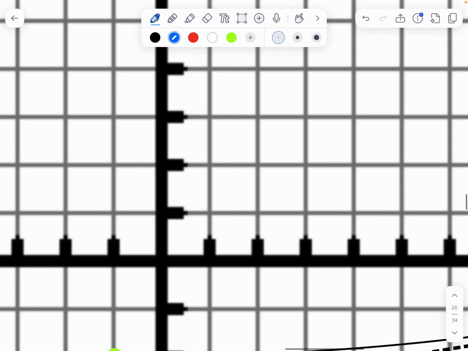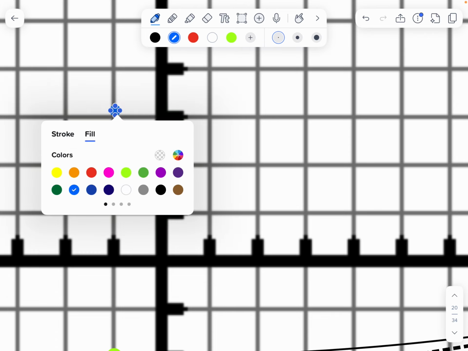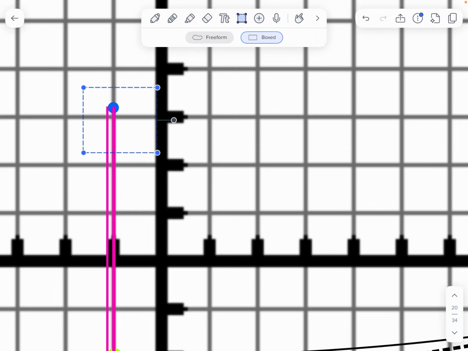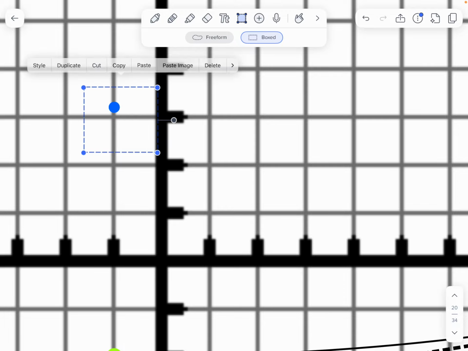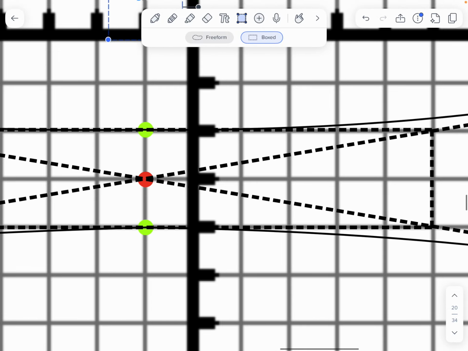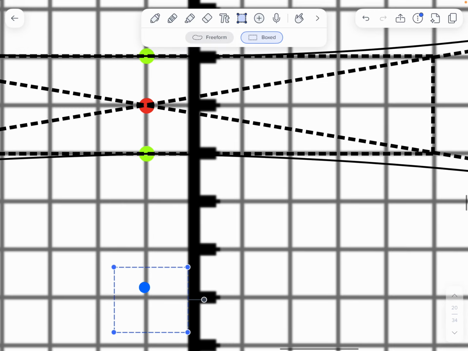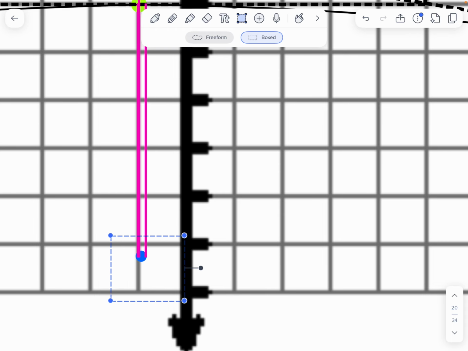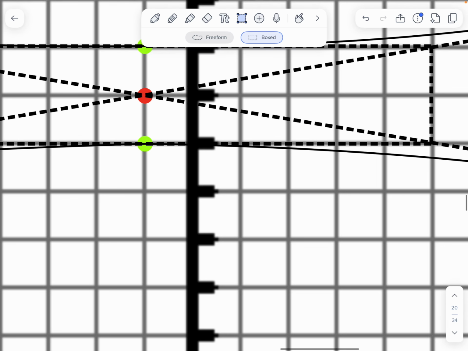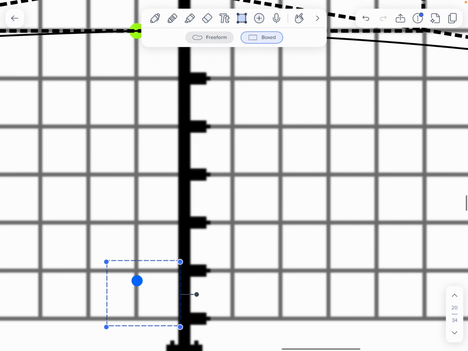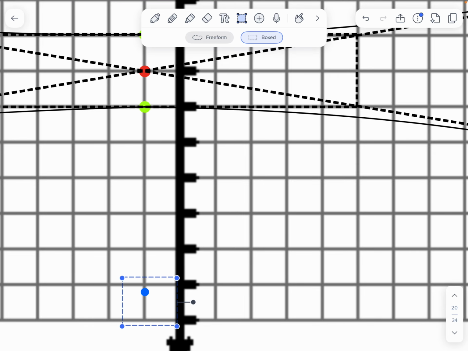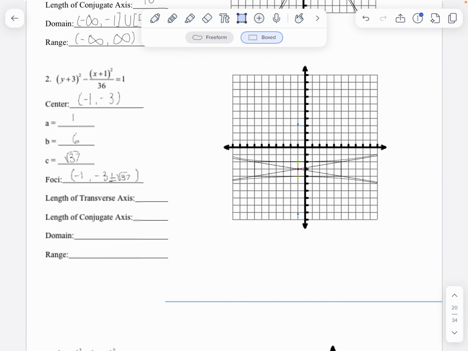So 3, another 3, so 3, so 3, 1, 2, 3, 4, 5, 6. And those are our two foci.